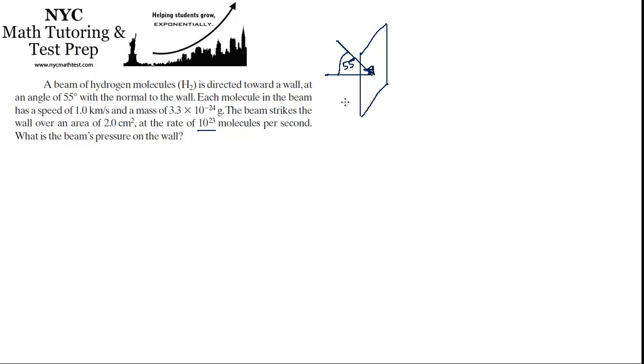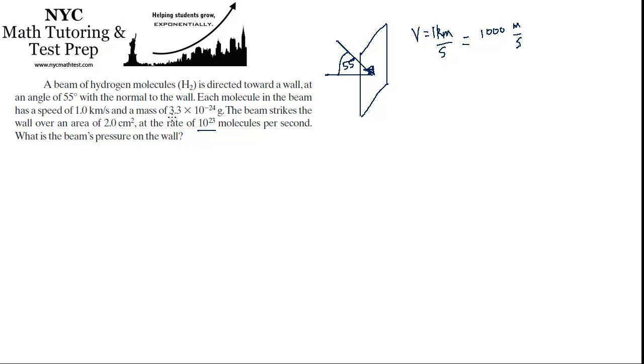And then each molecule has a speed of 1 kilometer per second. So V equals 1 kilometer per second. I'm going to recommend some unit conversions right at the beginning. You don't have to do these right away, but really we're going to want everything in meters per second here. So this is 1,000 meters per second.